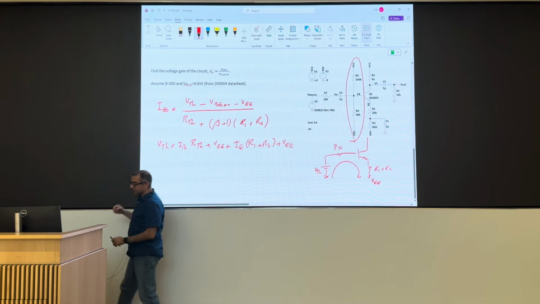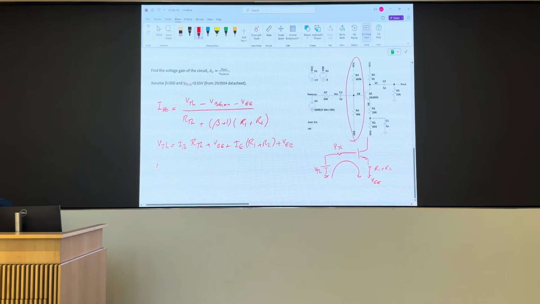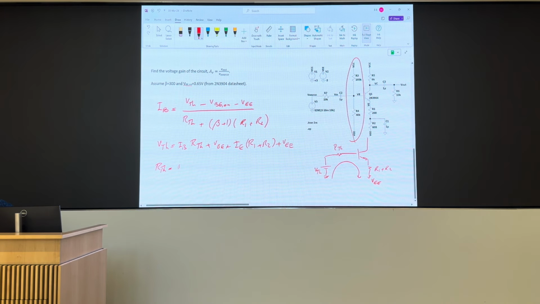The Thevenin resistance RTH is R3 in parallel with R4, and the Thevenin voltage is, this is how you usually calculate it, we can do it on the resistance.